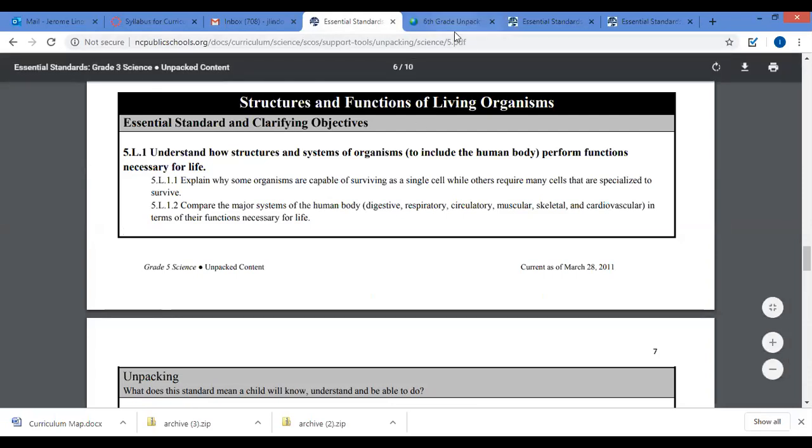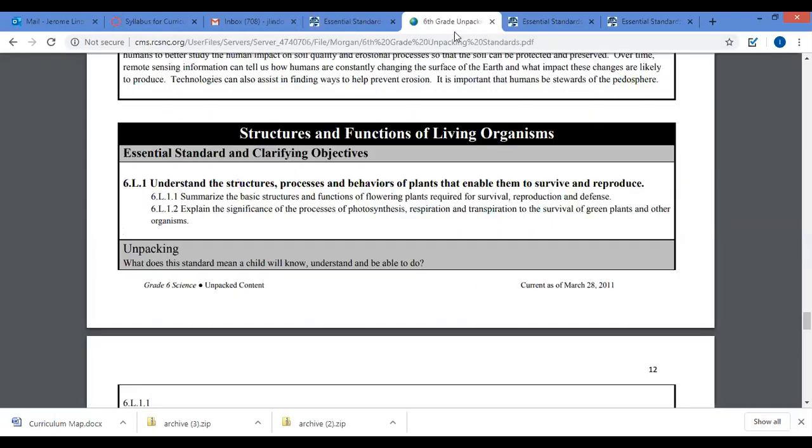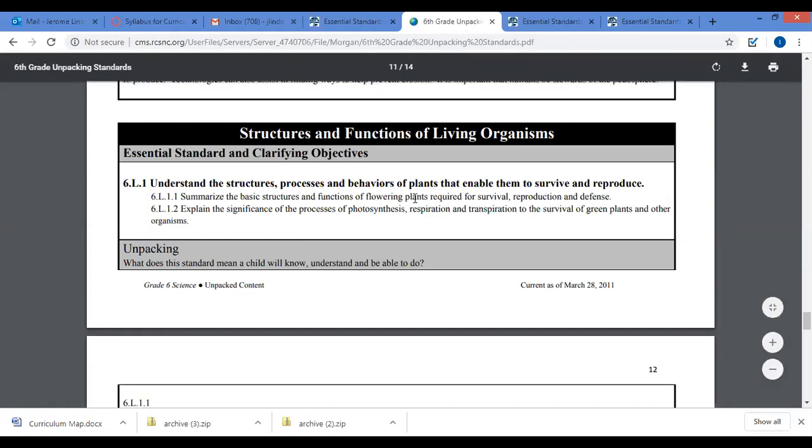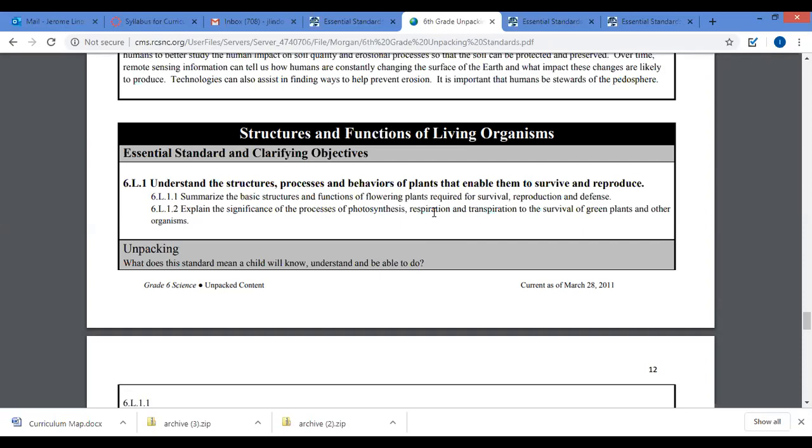Then when we get to sixth grade, it takes a completely different trajectory. What we see here is not so much cells and living, and not so much animals or humans for that matter, but more so the emphasis is now on flowering plants, their survival, reproduction, defense, photosynthesis, respiration, all key terms. But at the same time, it does not take a cellular focus.